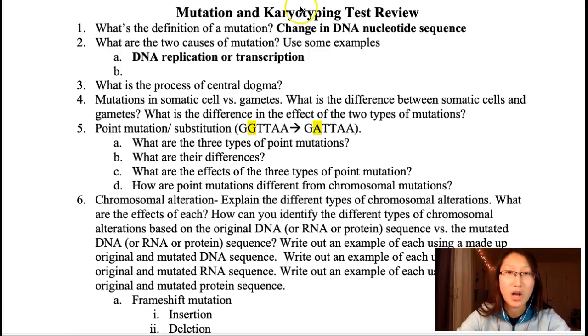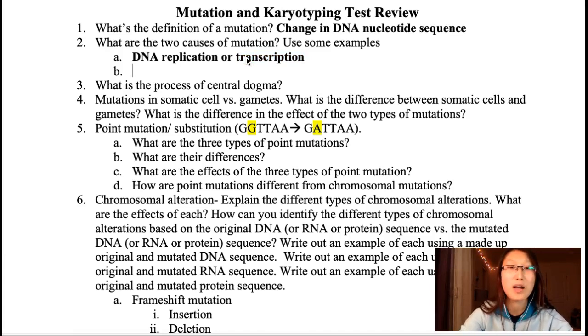So although we say the definition of a mutation is change in the DNA nucleotide sequence, because ultimately that's usually where all the changes start, during transcription it's also possible to make mistakes.